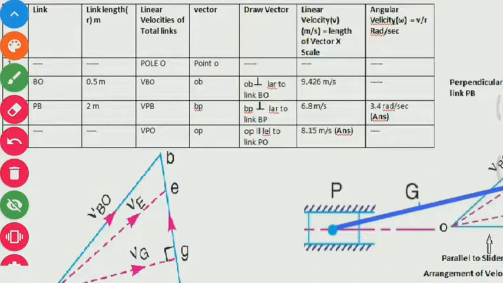Similarly, draw a vector OP parallel to the link PO, that is parallel to the velocity of slider path. Now in this column we can calculate the linear velocities by multiplying by the scale. In the last column it is shown that we can calculate the angular velocity also by using the relation omega is equal to V by R.